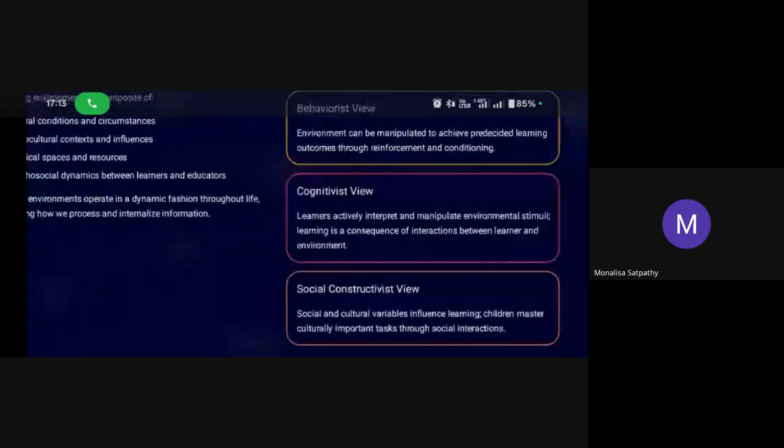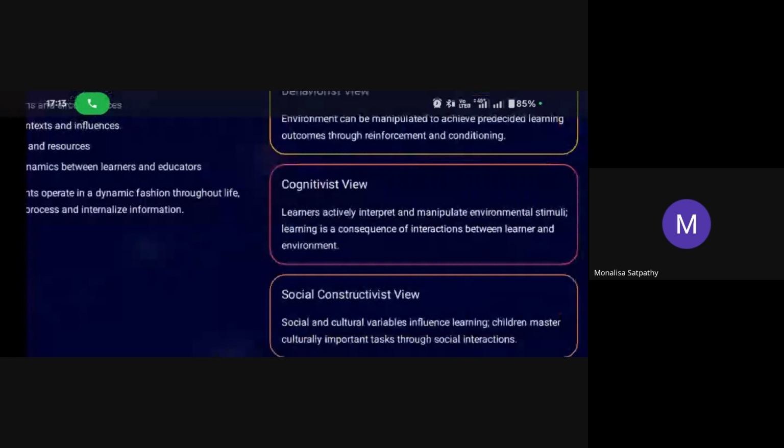Then talking about the cognitive view, cognitive psychologists have mentioned that learners must actively participate in the process of learning by encountering or manipulating the environmental stimuli. Learning is actually the consequence of interaction between the learner and the environment. So the learner will learn better if they are able to manipulate the situation or the environment.